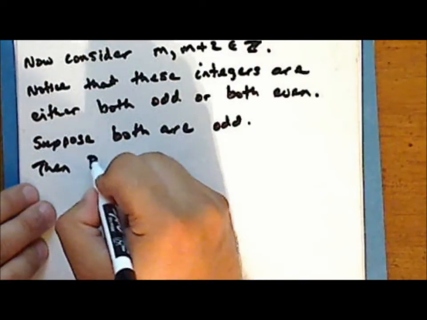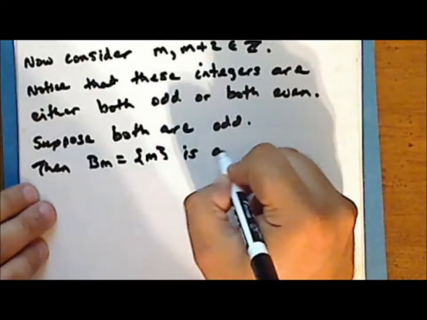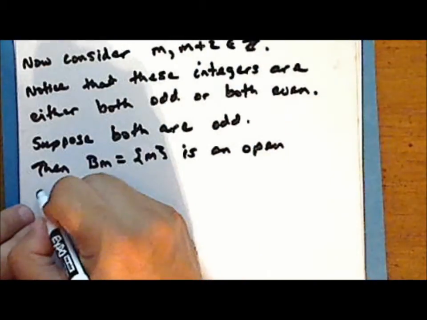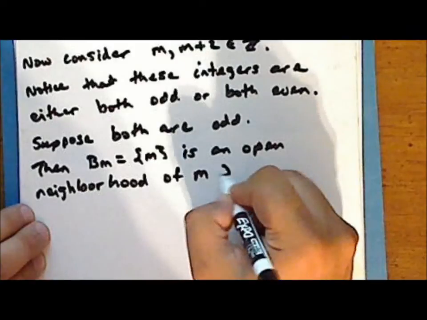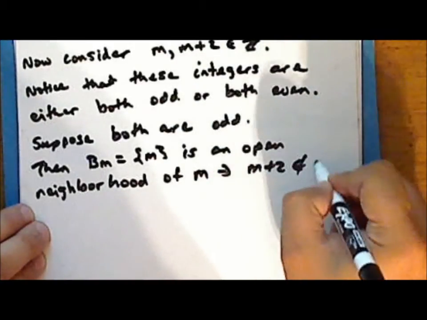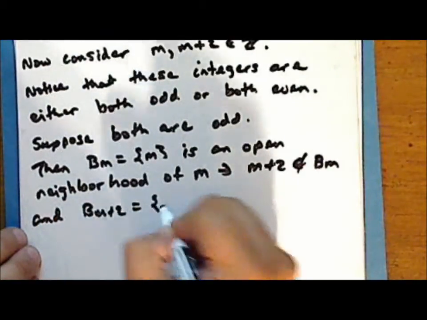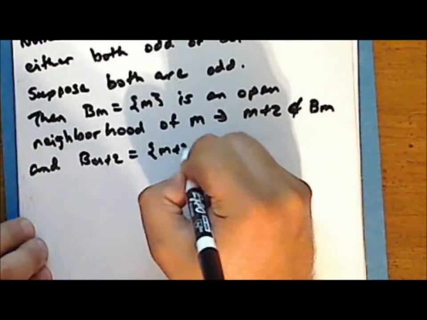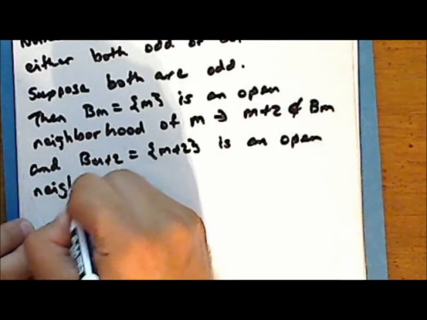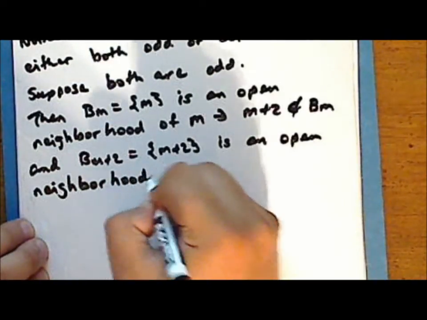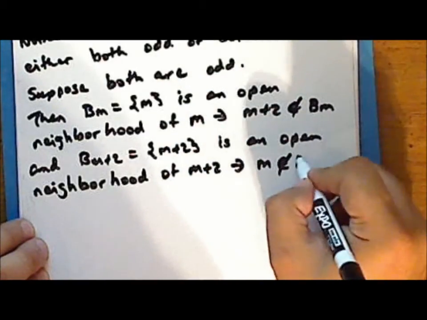Then the basis element b sub m, which is the singleton containing m, is an open neighborhood of the integer m, such that the integer m plus 2 is not in this neighborhood, and the basis element b sub m plus 2, which is the singleton containing the integer m plus 2, is an open neighborhood of the integer m plus 2, such that the integer m is not in this neighborhood.